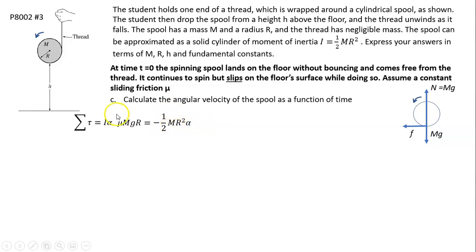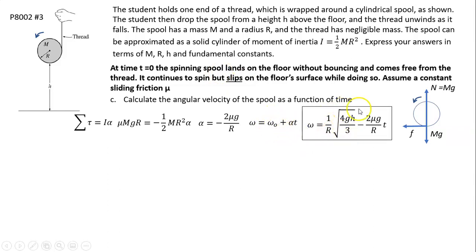From here, m and m cancel, r and r cancel, and alpha is negative 2 mu g over r. Remember, you're starting with omega naught, the omega you got before, which is 1 over r times the square root of 4gh over 3. Alpha is negative because the friction slows it down, so omega equals omega naught minus 2 mu g over r times t. This is angular velocity as a function of time.